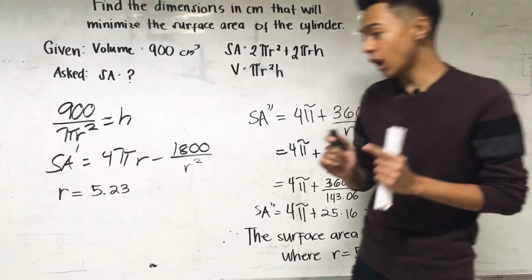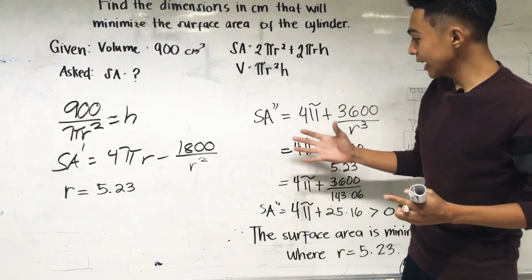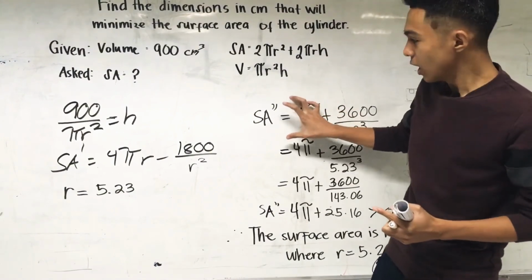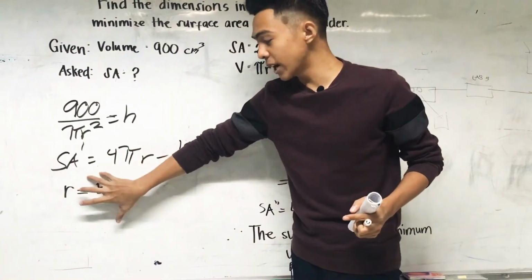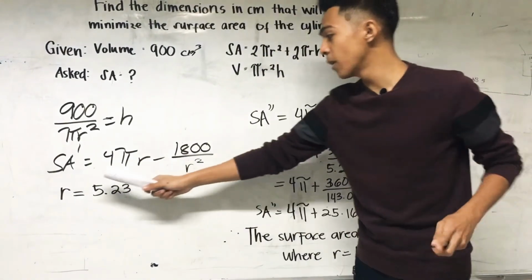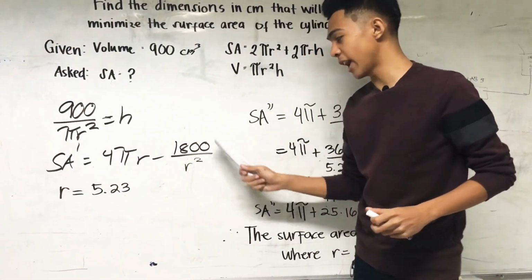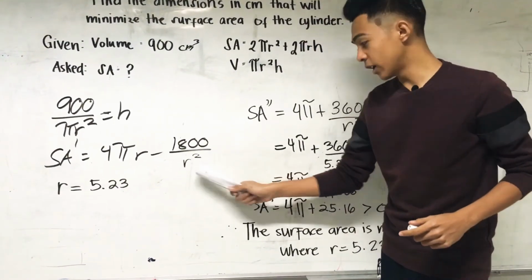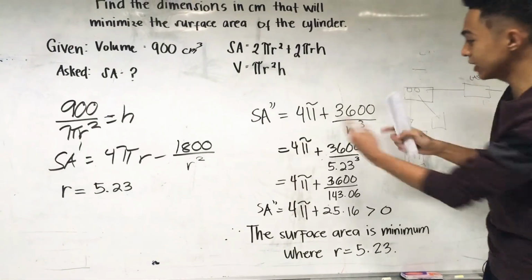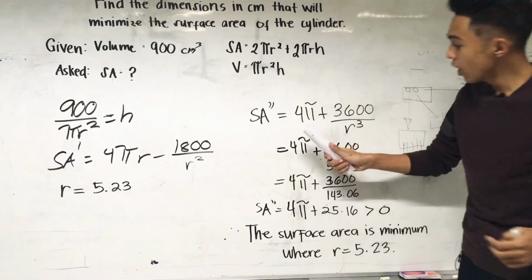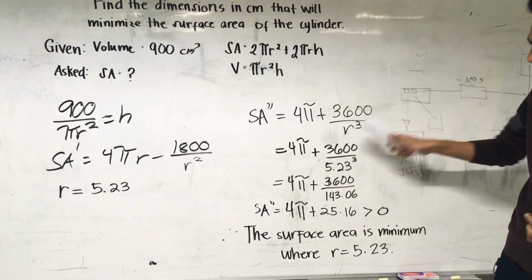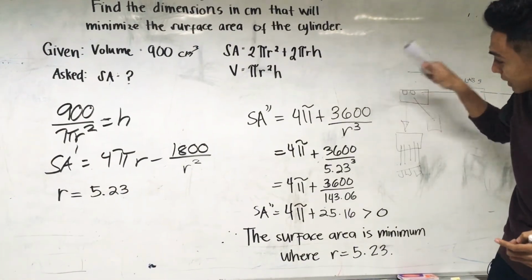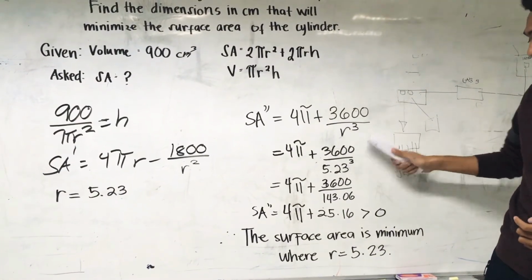After we get r, we need to get the second derivative, based on the first derivative of the surface area, which is 4 pi r minus 1,800 over r squared. The second derivative is 4 pi plus 3,600 over r cubed.